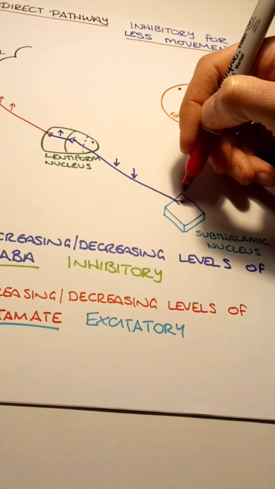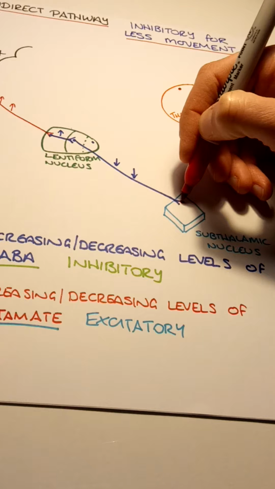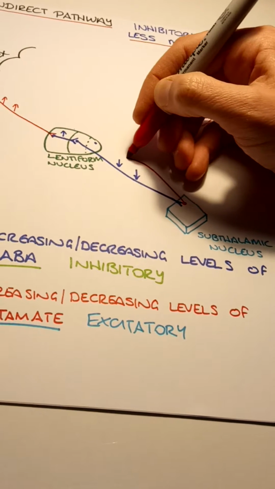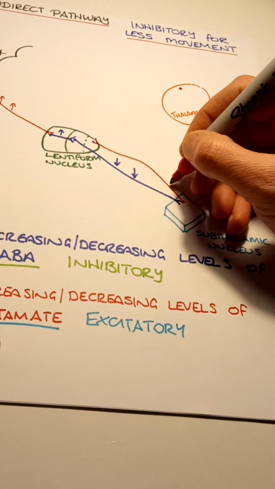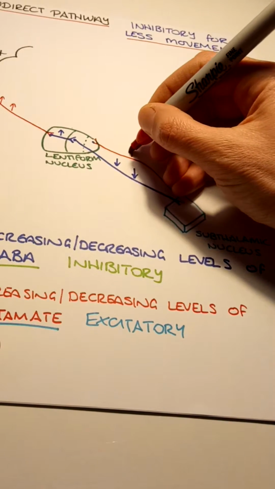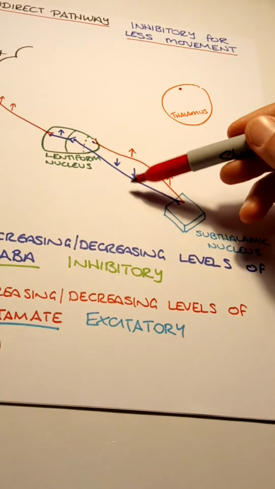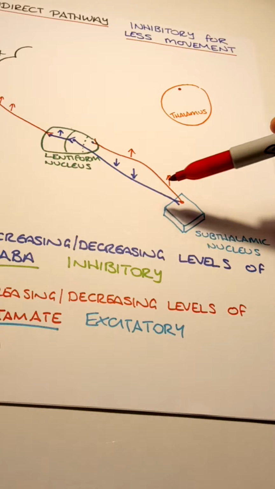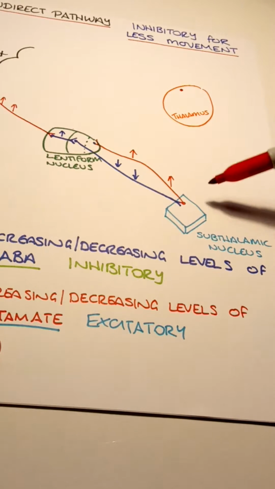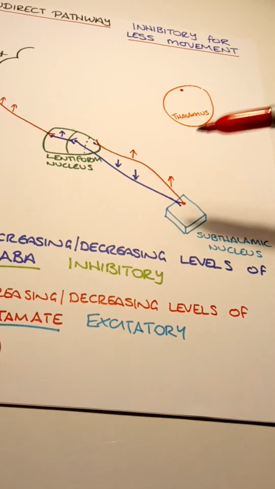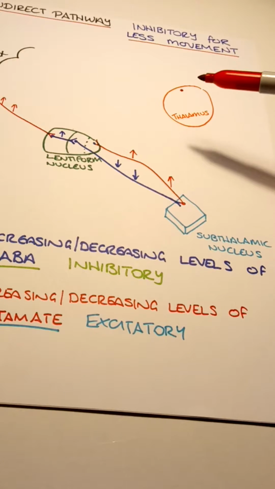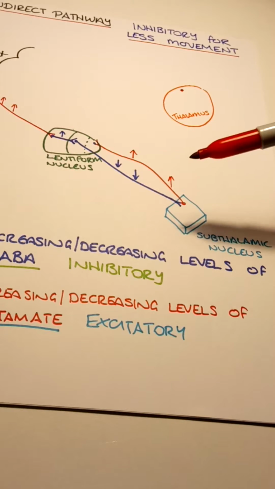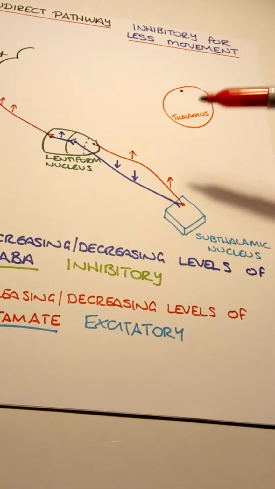Well, decreased levels of GABA, decreased levels of the inhibitory, means the next neuron in line is less inhibited, so it can therefore release more of its neurotransmitter, which is glutamate, which is excitatory.